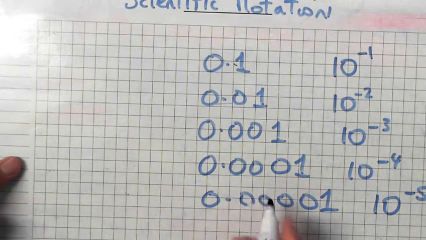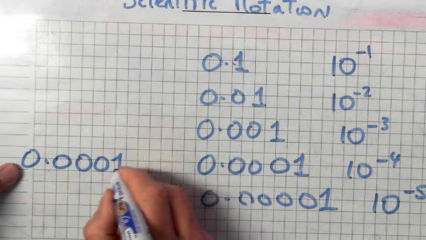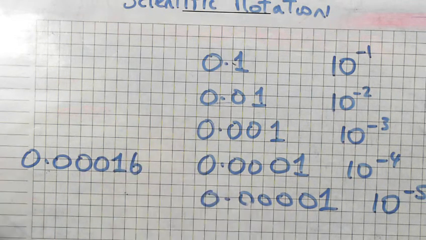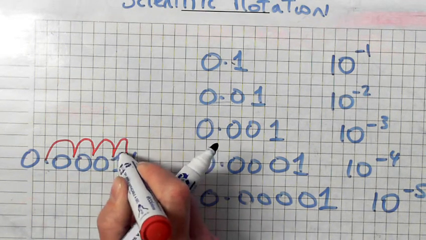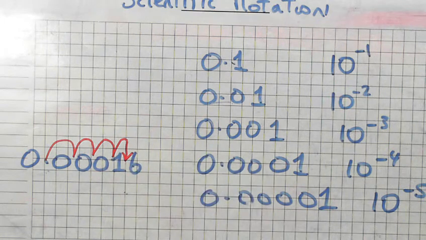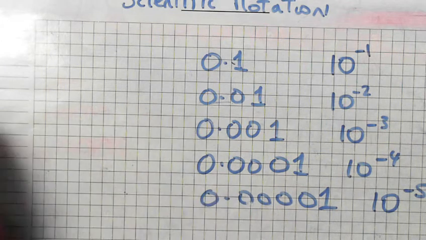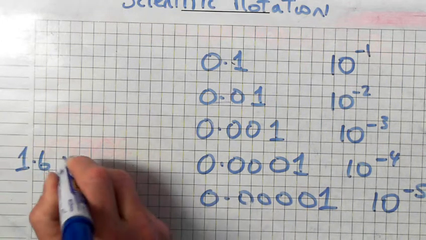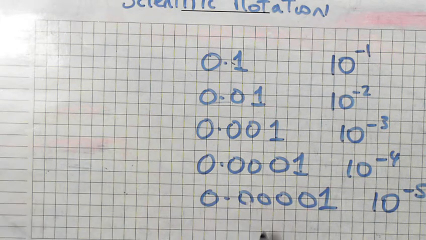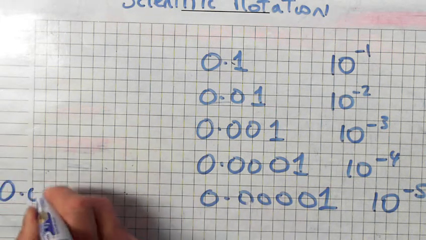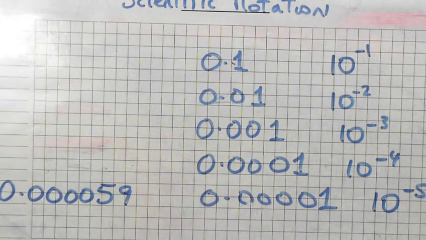Another example here. Move the decimal point. 1, 2, 3, 4. So it's 1.6 by 10 to the minus 4. And an example down here. 0.00059.